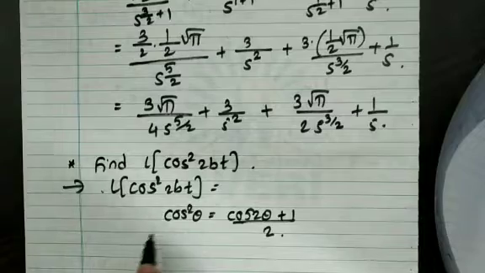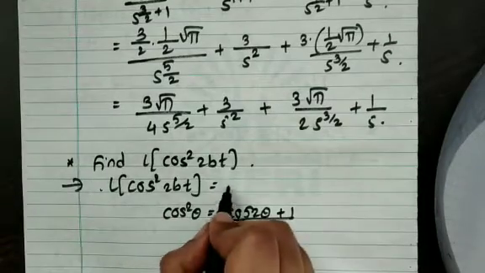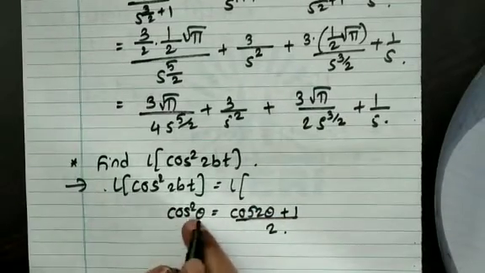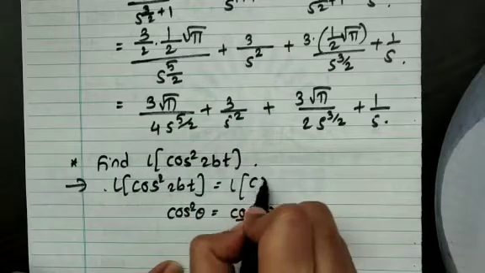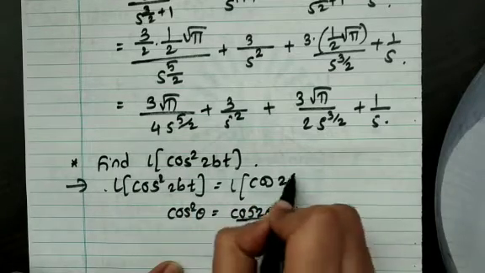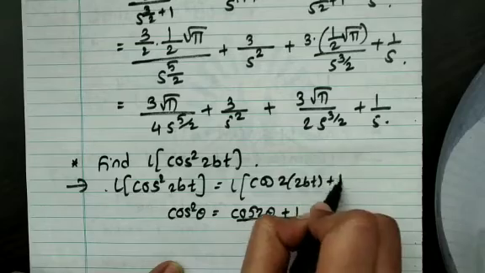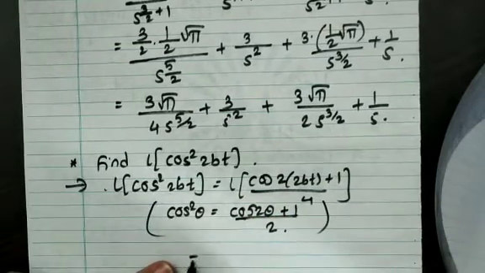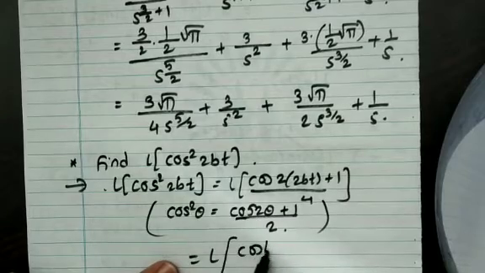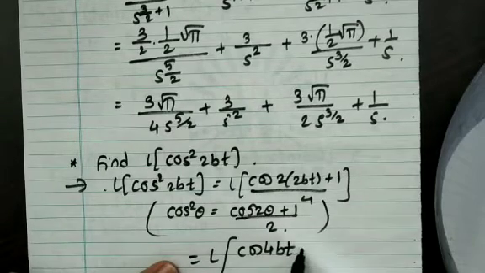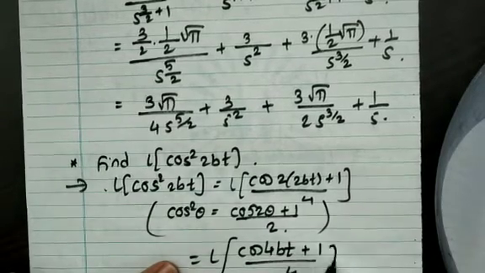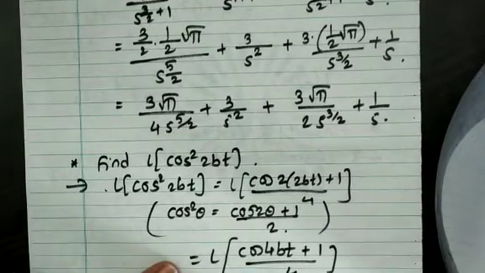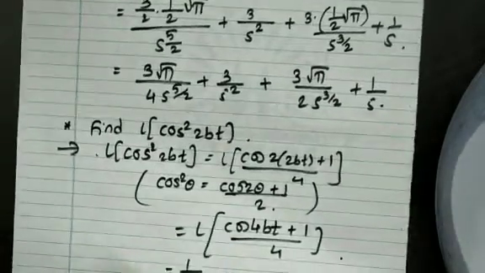So cos square 2bt will become, with theta now 2bt, cos 2 into 2bt plus 1 upon 4. That is equal to Laplace of cos 4bt plus 1 by 4, and that 1 by 4 is a constant, so it will come out.